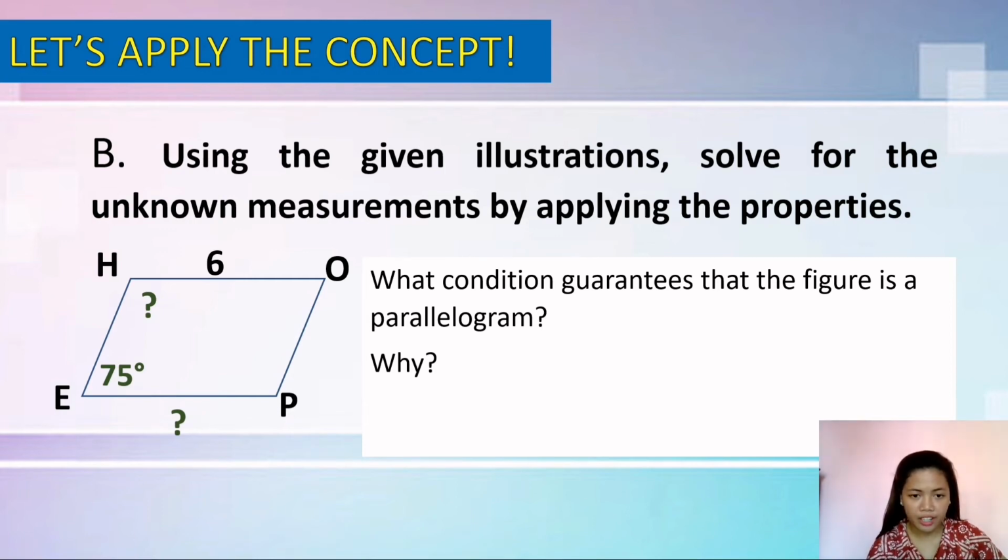So, here we also have parallelogram HOPE. So, as you can see, we have two question marks here. We will be looking for the measurement of EP and the angle measure of angle H. So what conditions are we going to use to solve the unknowns?